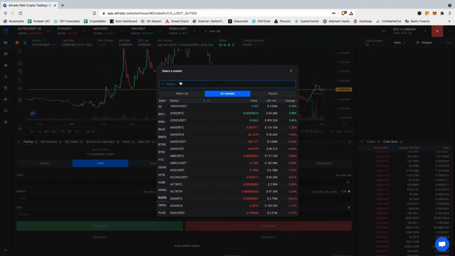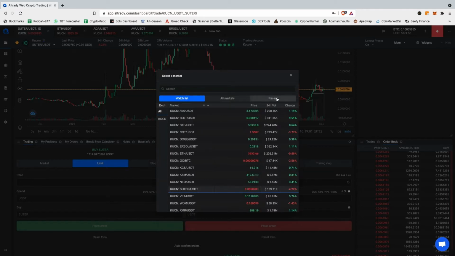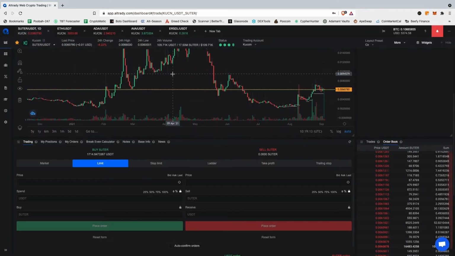This is where you have all the markets. This is where you have your watch list, and this is where you have recent stuff that you've been to. At the moment I have KuCoin connected to this, just to give you guys an idea. You can connect quite a few exchanges to this.